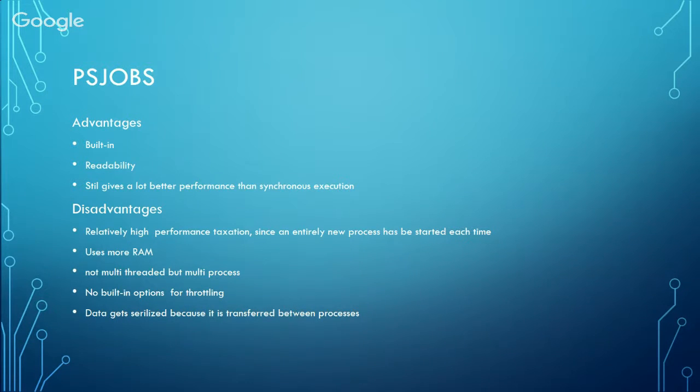They use more RAM. They're not multi-threaded, but multi-process. Another big minus in my book is that there are no options for throttling, meaning if you have an input pool of 1,000 objects, it'll try to spin off 1,000 PowerShell processes unless you handle the queuing yourself. I want to show you an example of the queuing as well.